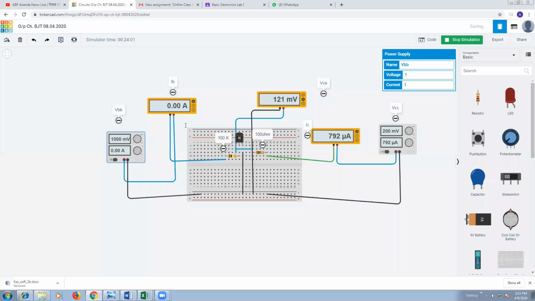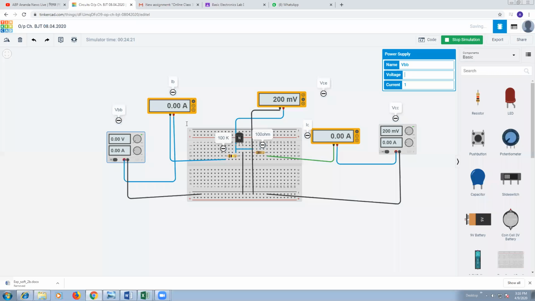If it is 0, I proceed to 1.5, and it is also 0. Then for 1.8, it comes to 11.6 microampere. But we have to keep IB at 20 microampere or near about it.